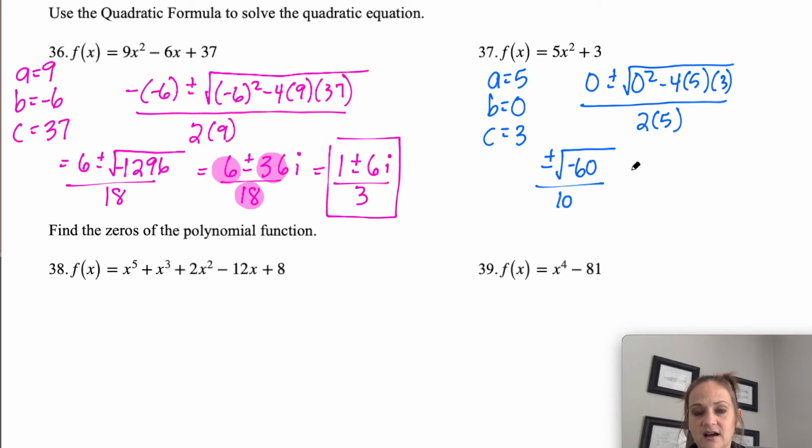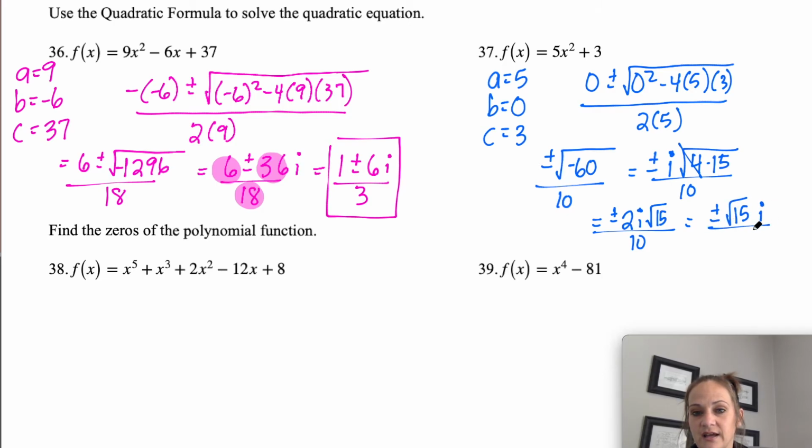Well, first you know that there's going to be an i. And then 60 can be represented as 4 times 15. The square root of 4 is 2. And then 2 over 10 is going to give me square root of 15i over 5.